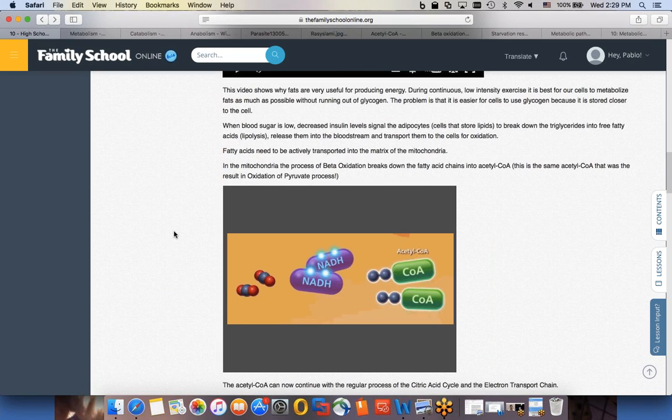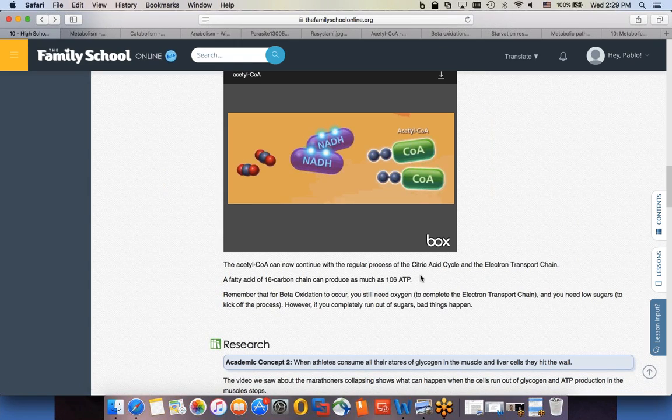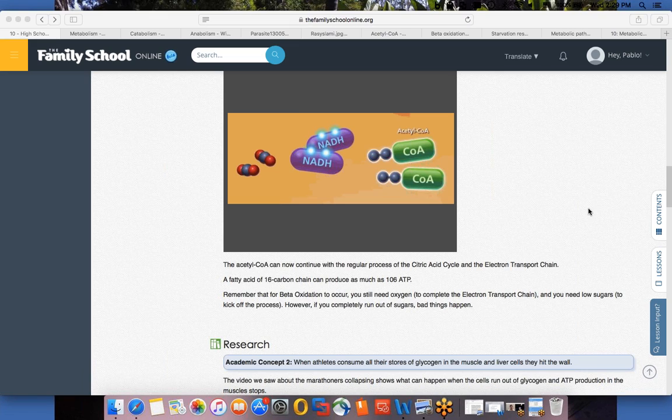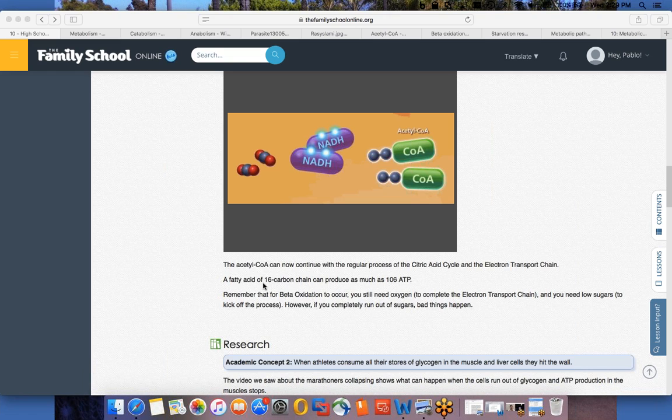We use the acetyl-CoA to do the same process of the citric acid cycle and the electron transport chain, and produce ATP. And here we have that a fatty acid of 16 carbons can produce how much ATP? Looks like it says 106 ATP. 106. All right, and so that's a lot of ATP.